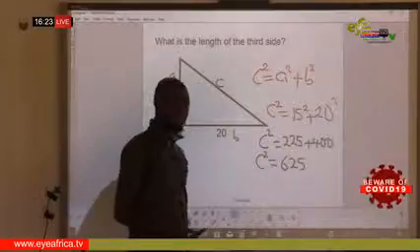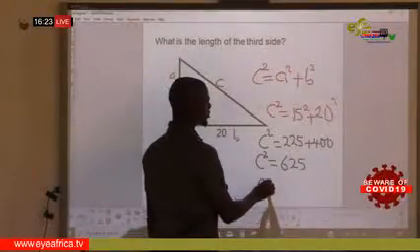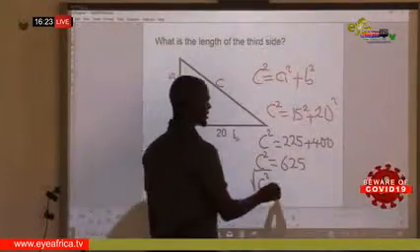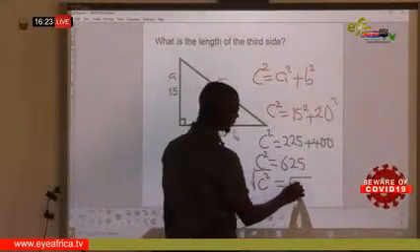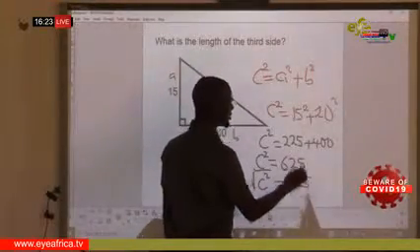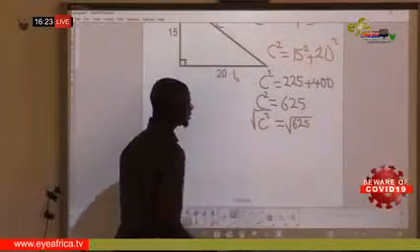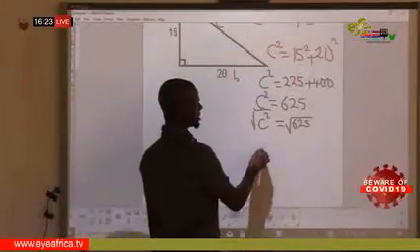To get the value of c, you will have to square root both sides to remove the square. The root of c square is c.